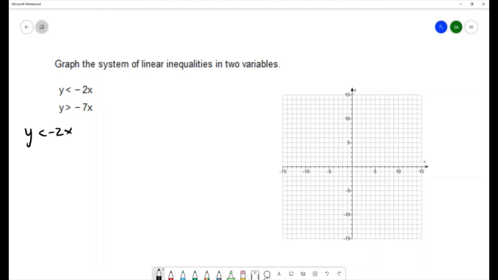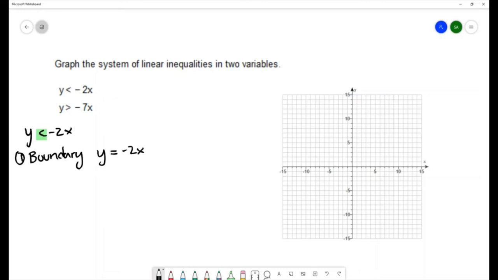And when we graph an inequality with two variables, we want to start by graphing the boundary. The boundary will replace this inequality symbol with an equal sign. That's y equals negative 2x.